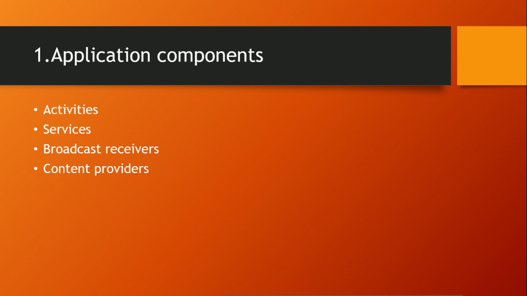For example, just like the contacts in our mobile, just as WhatsApp fetches the contacts through the contacts app, there is a content provider which is used to get the contacts list from the contacts app.